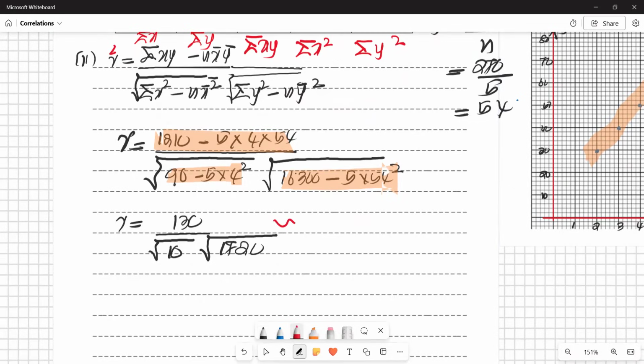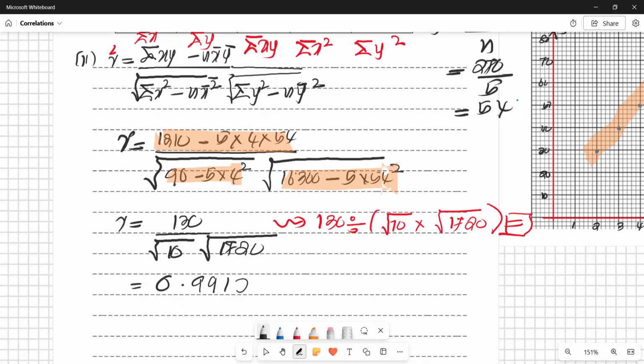This is how you type it: 130 divided by, open a bracket, square root 10 into square root 1720, close the bracket and equals on the scientific calculator. My answer is 0.9912.